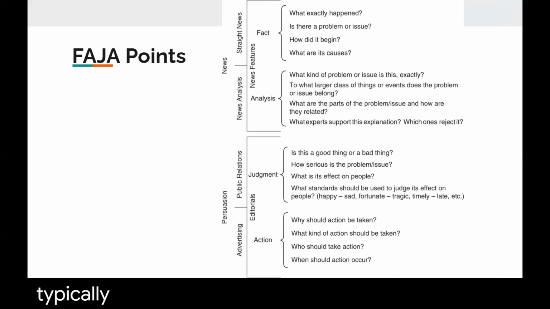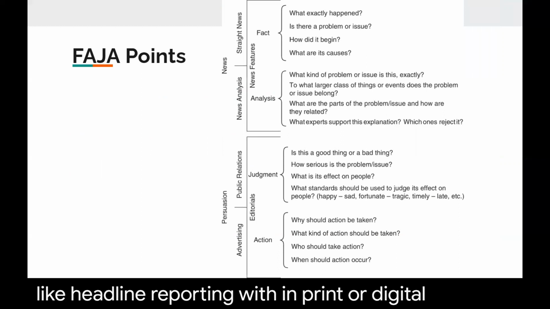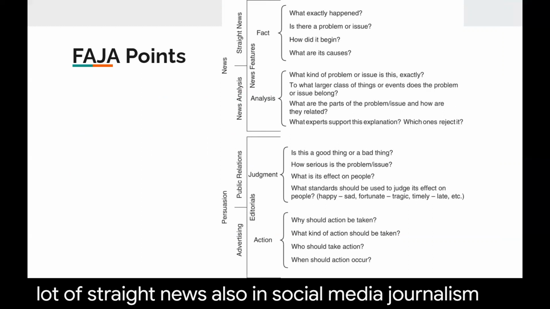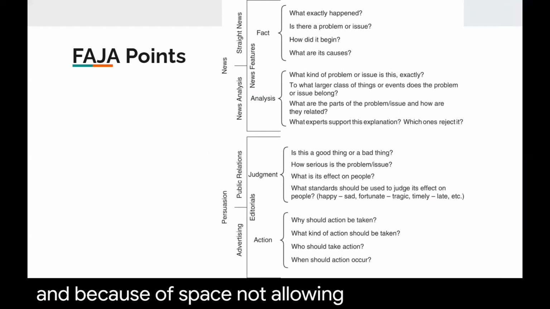So this is typically what you'll see in broadcast as well as headline reporting within print or digital. We see a lot of straight news also in social media journalism, because of space not allowing for opinion.